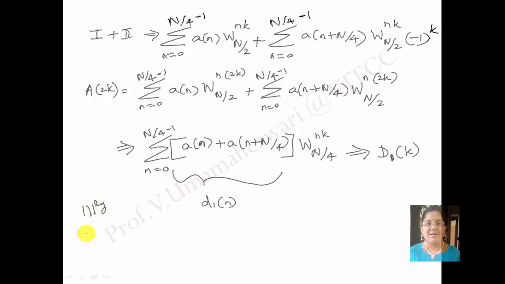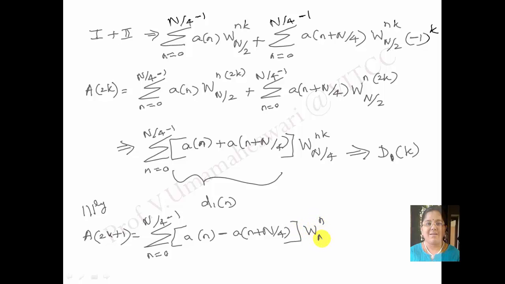Similarly, we can write A of 2k plus 1 like how we did before for X of 2k plus 1. So I am going to write it directly. Summation n equals 0 to N by 4 minus 1 of A of n minus A of n plus N by 4, the whole into W_N^(n) by 2, into W_N^(nk) to the base N by 4.